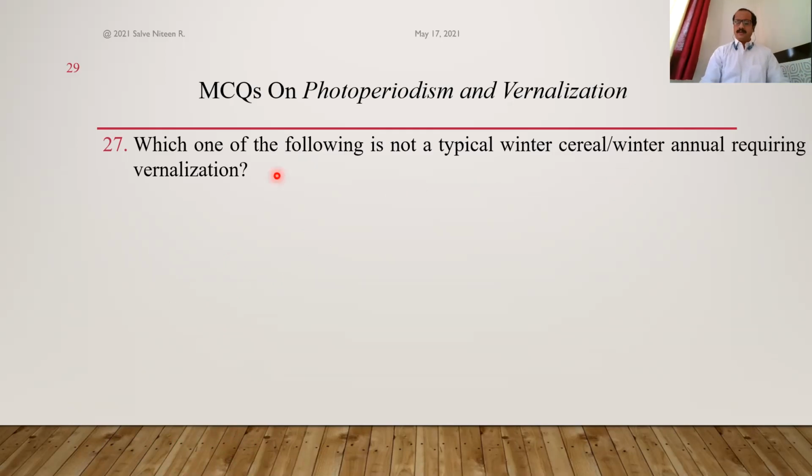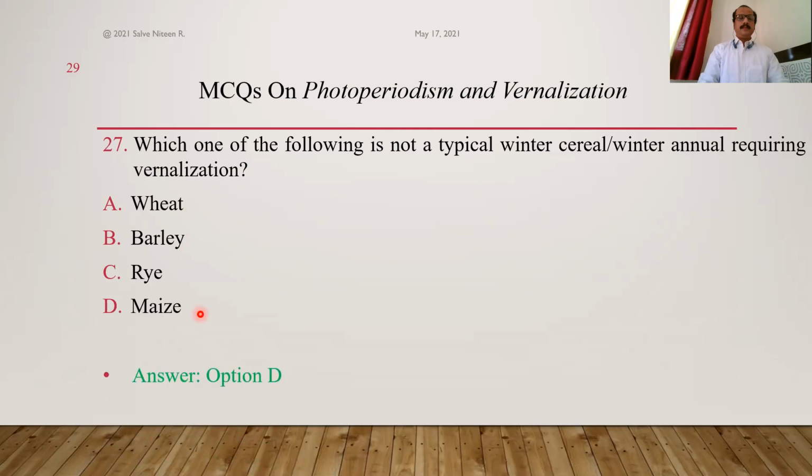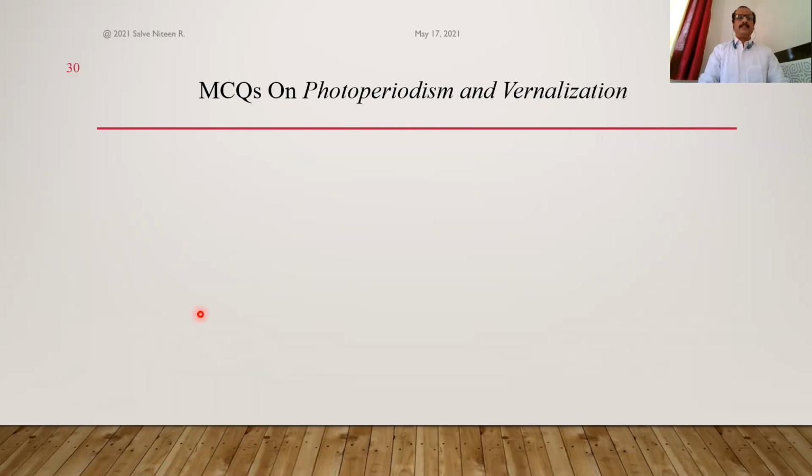It can be avoided. So here the options are given. Which one is not a typical winter cereal or winter annual requiring vernalization? So the answer is maize. Wheat, barley, rye all require vernalization treatment. They show winter and spring varieties. Maize doesn't require vernalization. Maize is a day neutral plant. D is the right answer.